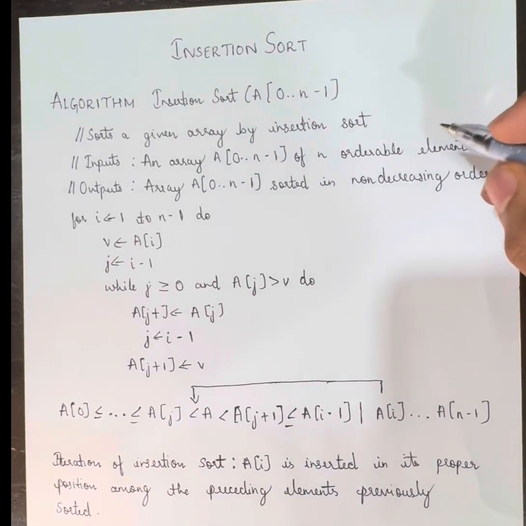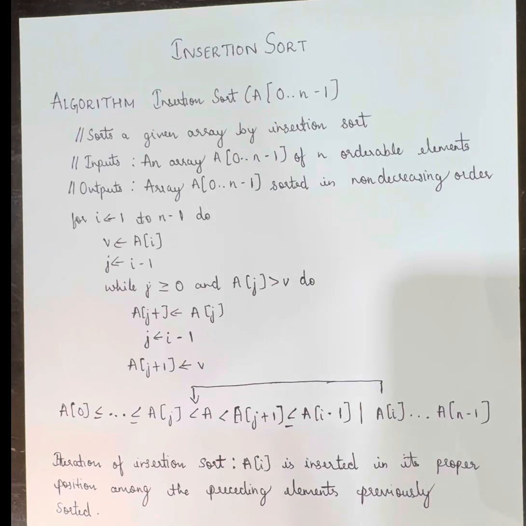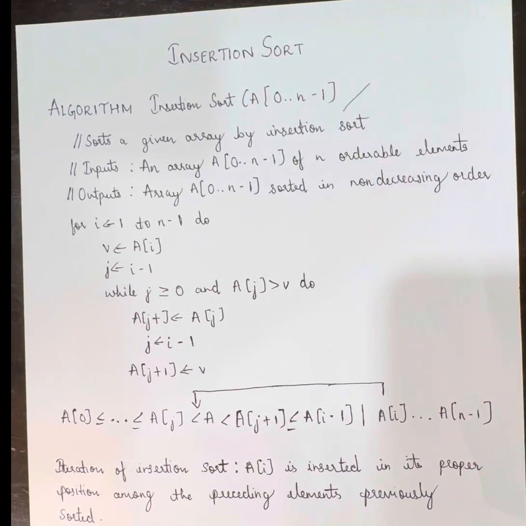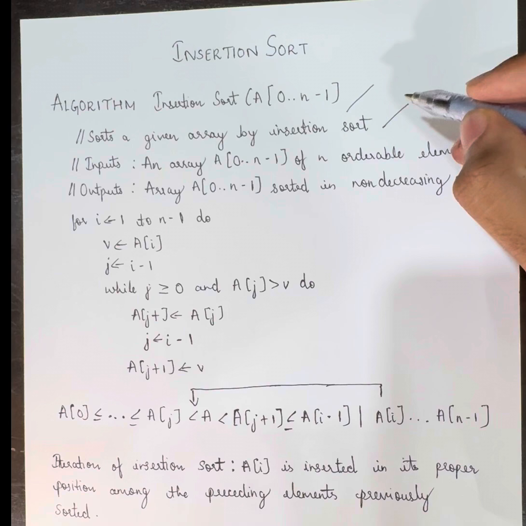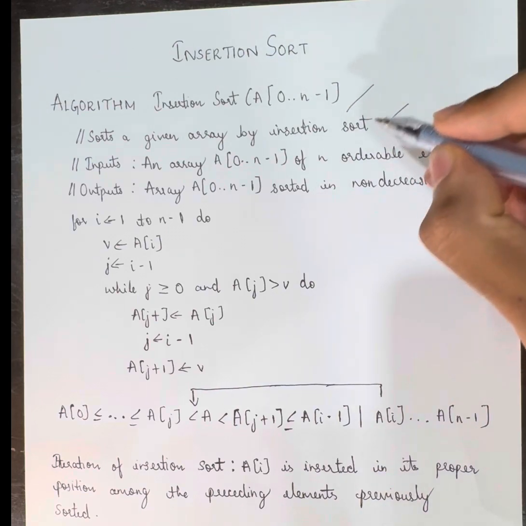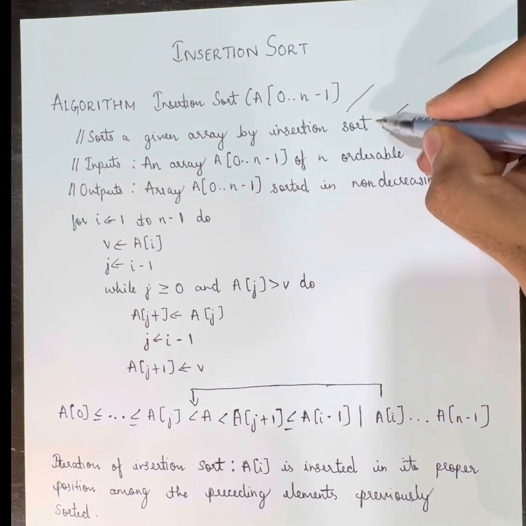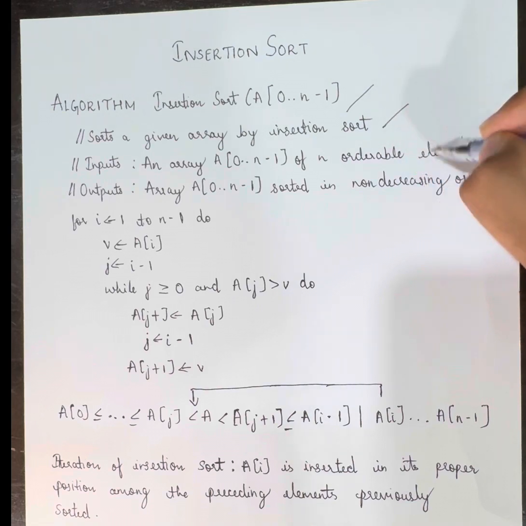Now let us study the algorithm of insertion sort. This indicates the algorithm named insertion sort, and it takes an input array and indices ranging from 0 to n minus 1. Sorts a given array by insertion sort. This is a comment explaining that the purpose of the algorithm is to sort an array using the insertion sort technique.